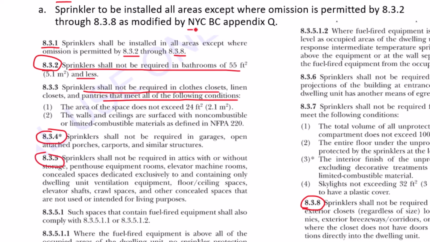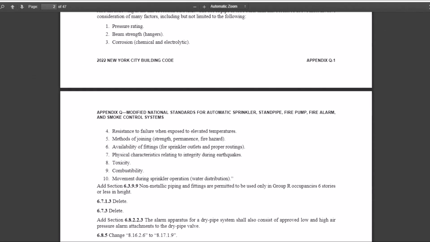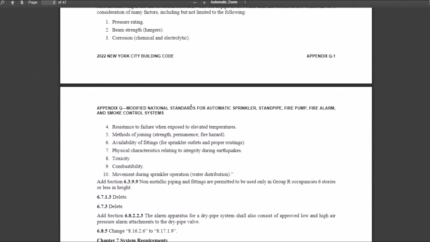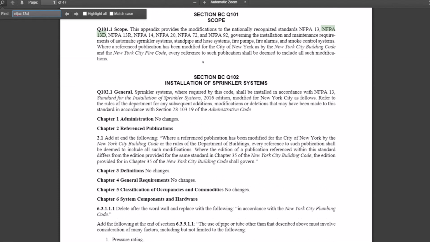Something I want to mention is the codes in the New York City are based on this NFPA 13D as modified by Appendix Q. So as you read this code, you have to check to see if there's any amendments in this Appendix Q. So going to the Appendix Q, you could do a Control F and search for NFPA 13D to quickly get to the section.